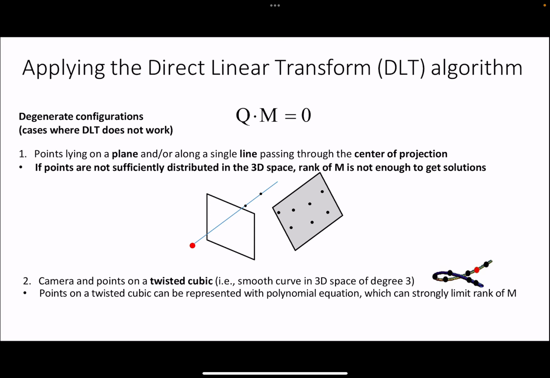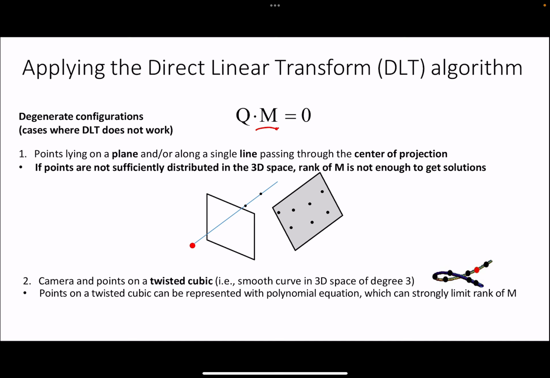As I said, our goal is getting vector M, which makes the product between matrix Q and M equal to 0. And there can be corner cases: points lying on a plane or along a single line passing through the center of projection. These are separate cases.